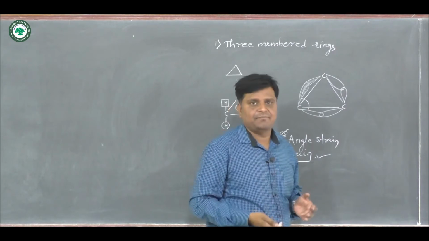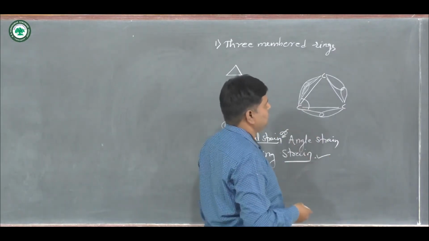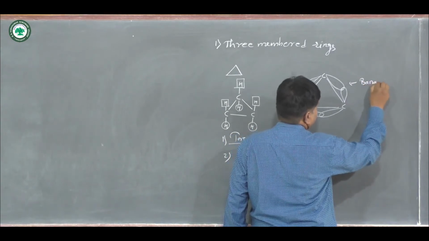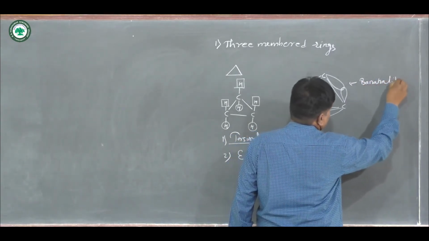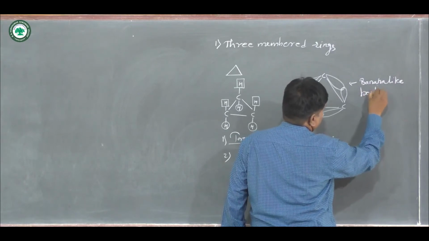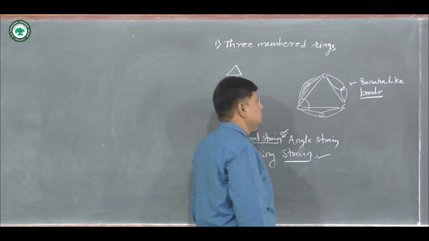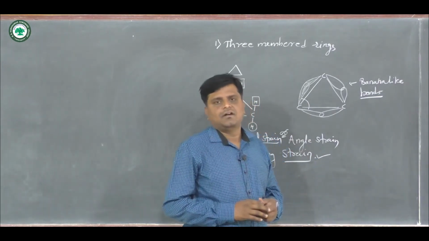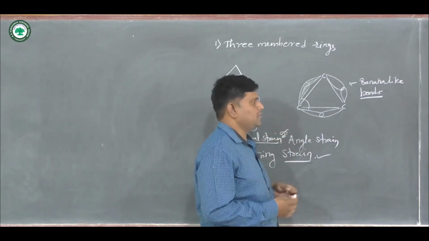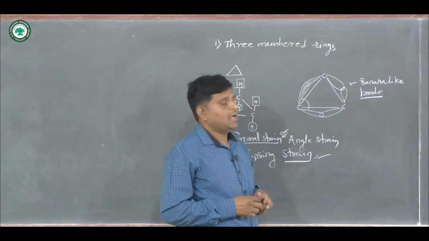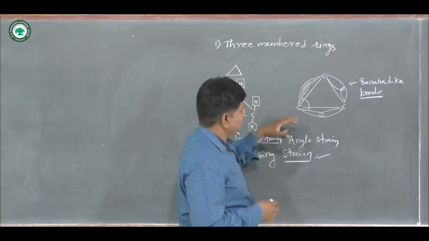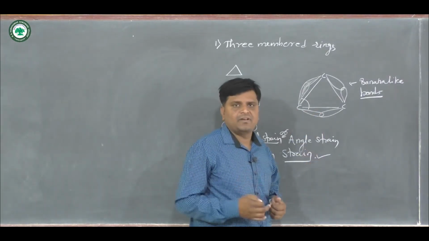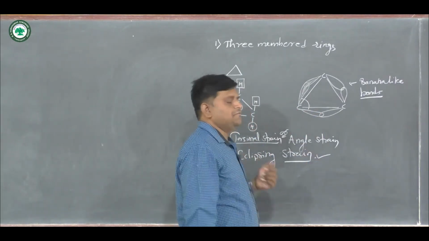These bonds are nothing but banana-like bonds. Due to these bent bonds, some strain of this three-membered ring system is released, and that's why the angle strain here is less predominant than the eclipsing strain.